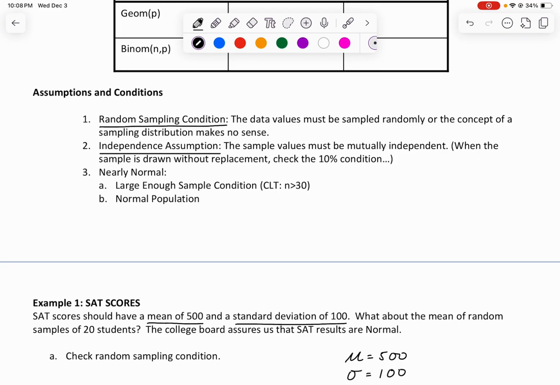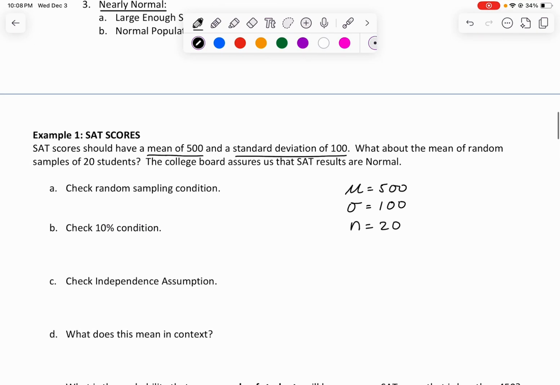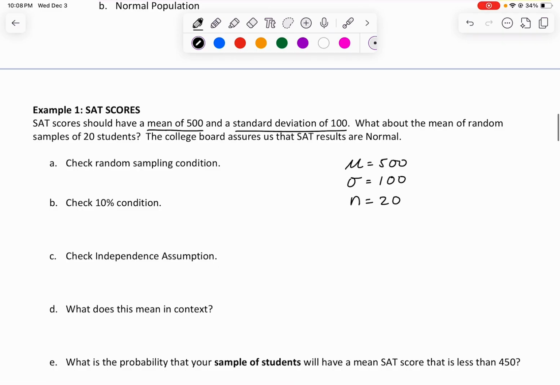And then we have to check, is our data nearly normal? So let's take a look. Is my data randomly sampled? Yes, a mean of a random sample of 200 students. Yes, it was randomly sampled.